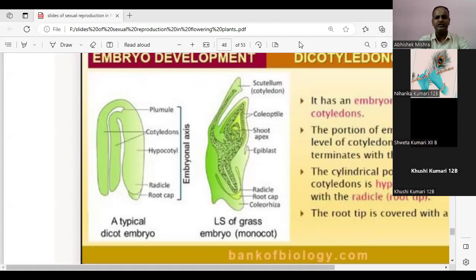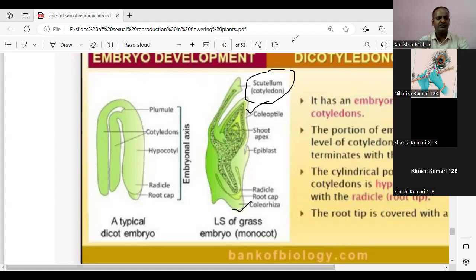This reduced cotyledon is called the scutellum. This is a very important question, students: what are coleorhiza and coleoptile, and what are their functions? Is it clear?